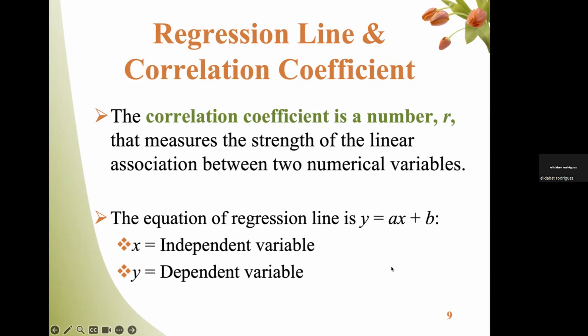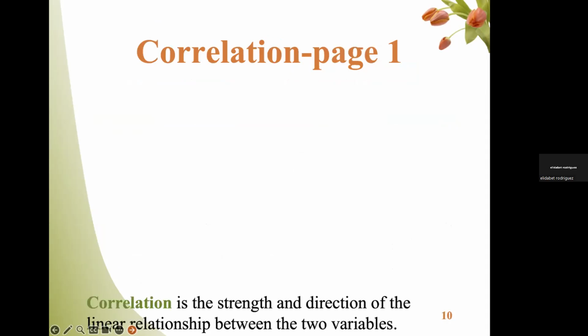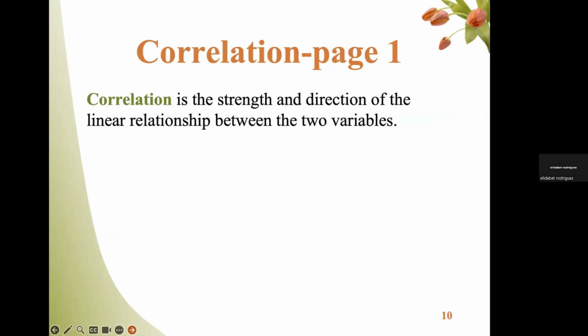The equation we can come up with is Y equals AX plus B. If you remember from algebra, this is the same equation, Y equals MX plus B, where M was the slope and B was the Y-intercept. The R, the correlation coefficient, gives you the strength between X and Y.